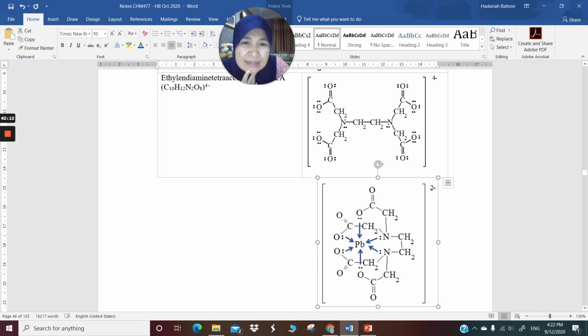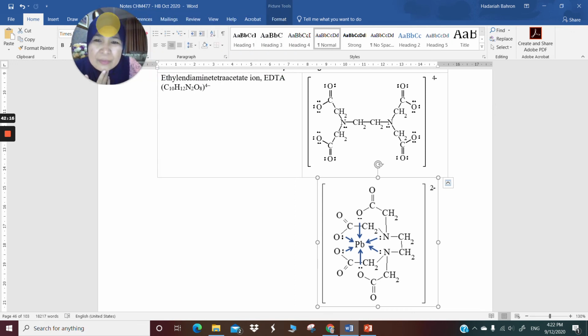So this is the EDTA ligand, ethylene diamine tetraacetate. This nitrogen is that. This nitrogen is this. This oxygen is that, and then that oxygen is this.